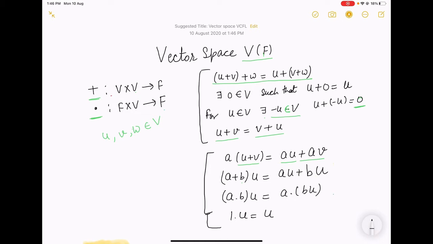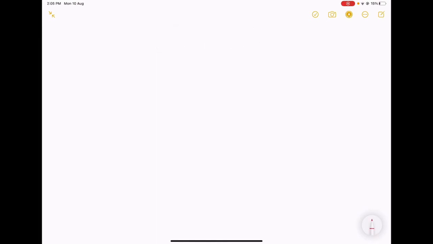Next, A dot B operated on U is the same as A operated on BU. Next property is 1 dot U equal to U, where 1 belonging to the field is the multiplicative identity in F. Next, we discuss what is a field.